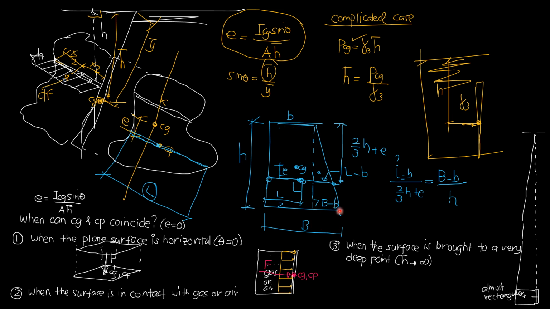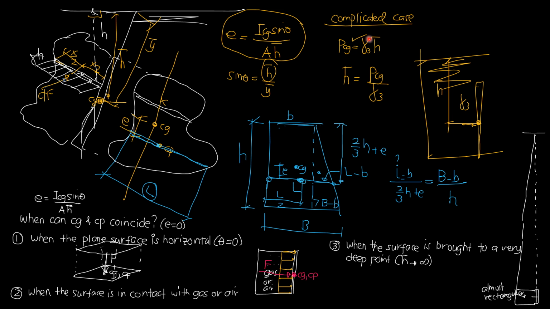From there, we can solve for L. Then knowing L, half of that, we can locate the center of pressure. This is where the line of action of the total pressure force F passes through.